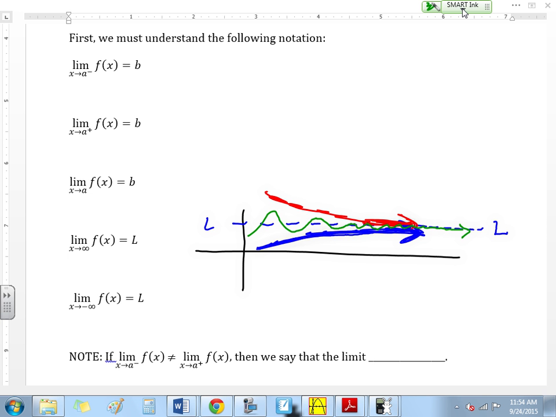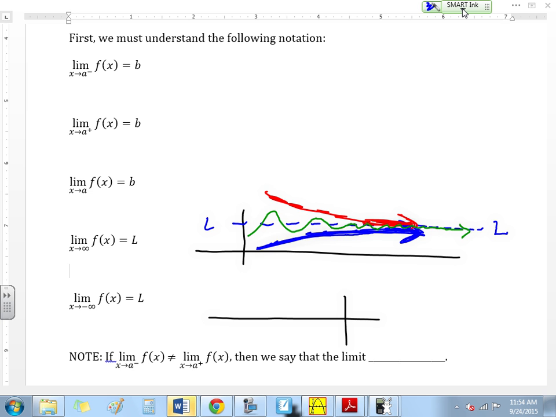Again, this line doesn't have to be above the x-axis. It can be on the x-axis. It can be below the x-axis. I just drew it above the x-axis. The next one is similar, of course, but it's got the negative infinity. So that's not going to the right, that's going to the left, obviously. So you just draw this picture backwards.